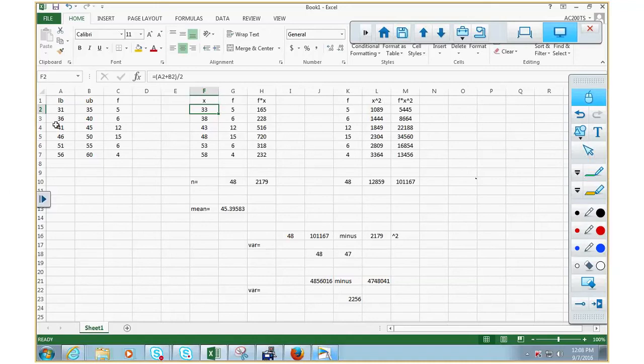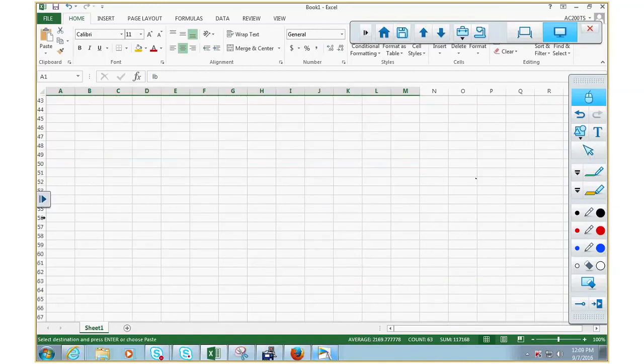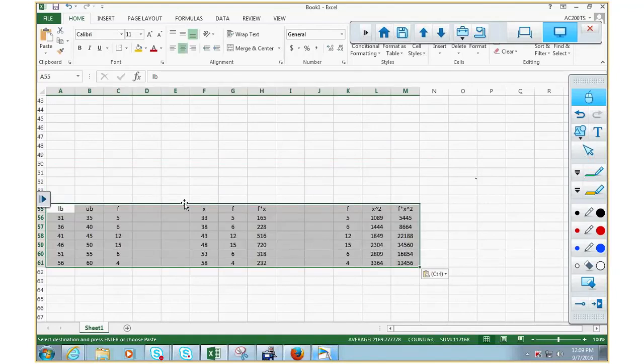See, here's my class, my frequency distribution. And then I do x and f right here. But then I skip 2 columns, and then what do I do over here? f times x squared. The original way to show you how to do this goes like this. I'll just take this down. Here's what they tell you. If you're a teacher starting, this is how they tell you to do it.